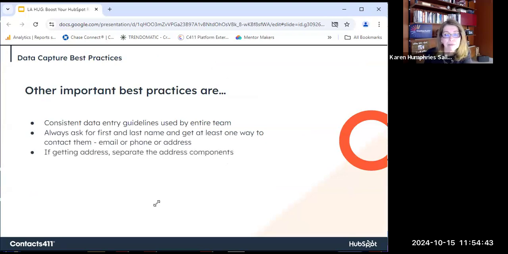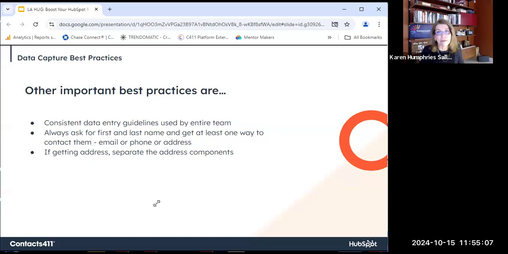We talked about that. Here's something with address that's really important, especially if you want to use automated sources to update or to validate or just clean up your data. Instead of putting the entire address in one field, separate it. So you have street address line 1, which should have the number and the street.